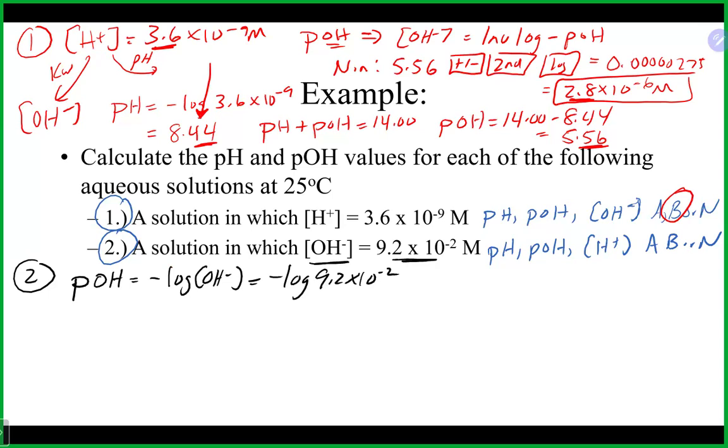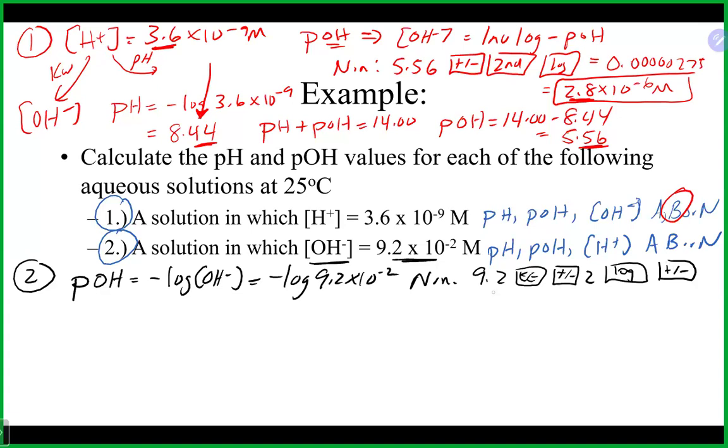Once again, punching that into our calculator in the non-display way, you're going to go with the number 9.2, exponent, negative, and 2. You're then going to hit the log button and then the negative button.